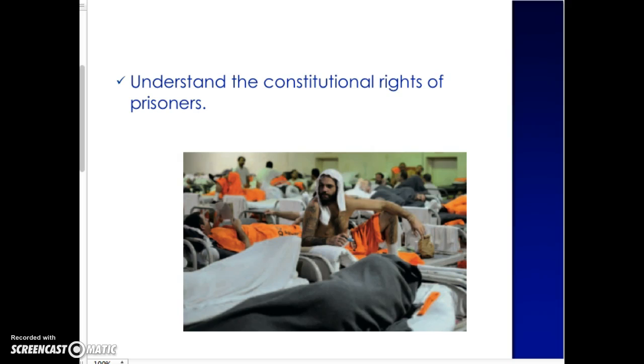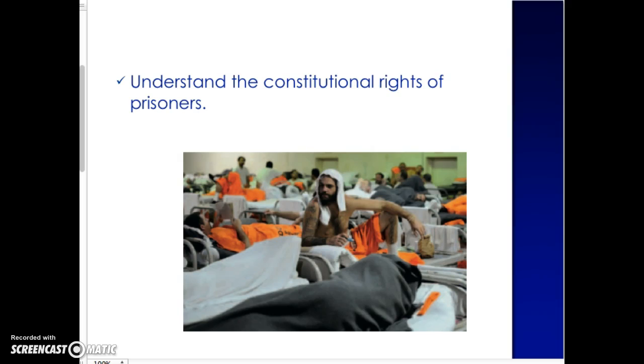So I just want to talk real quick about prisoner rights because I think it's important that you understand which constitutional rights over the decades have been applicable to those incarcerated. Just because you're in prison does not mean you lose all of your rights. You still are entitled to certain constitutional rights.